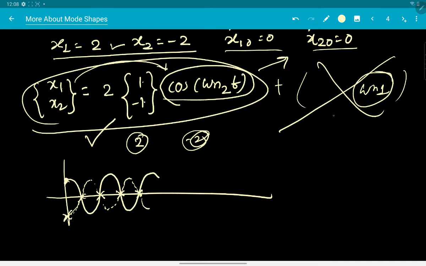When mass number 1 is at the positive extremity, mass number 2 will go to the negative extremity, and vice versa. This is happening because the mode shapes come out that way. It all depends on the initial system that you have picked up and the mode shapes that you have obtained.